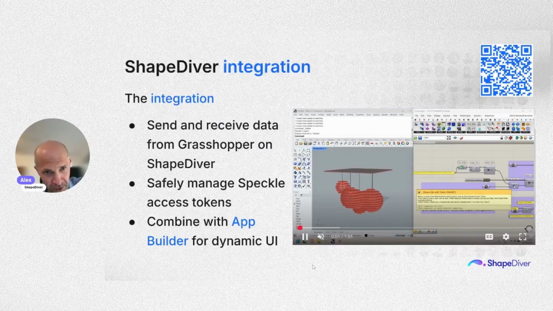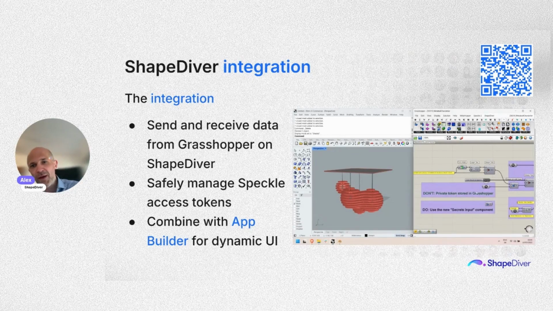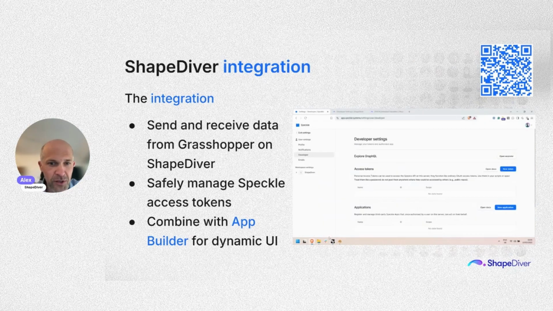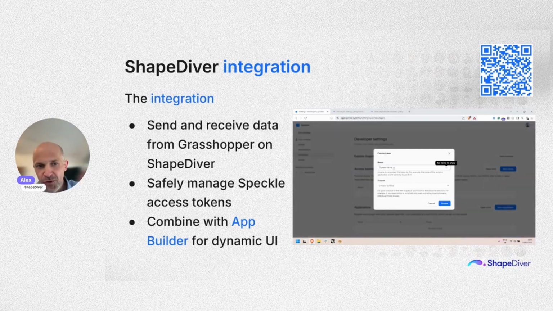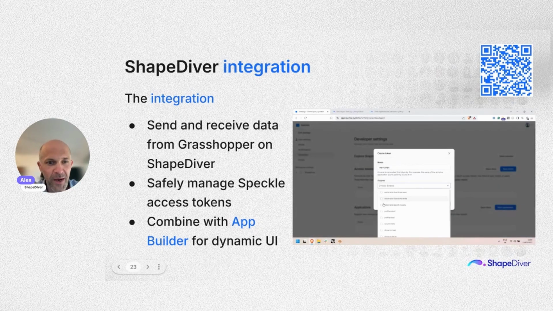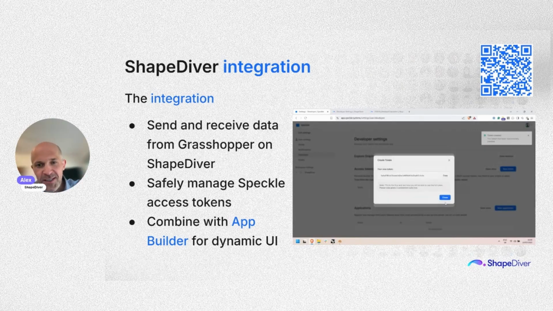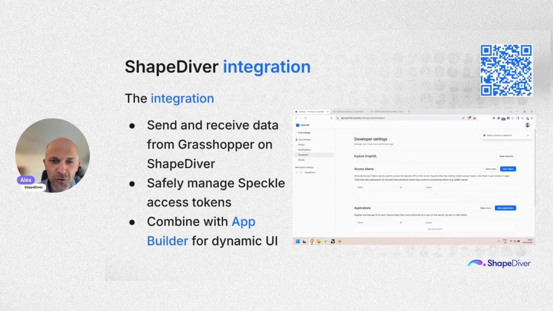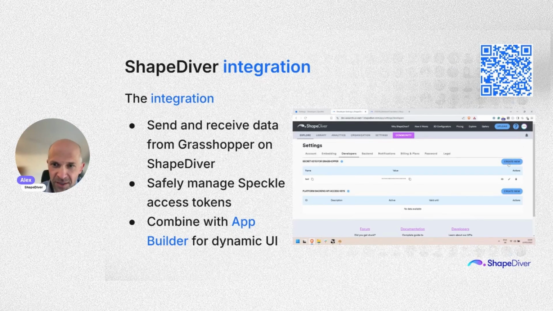How does that work? We deploy Speckle's Grasshopper connector to our backend systems, where you can use it to synchronously send and receive data to or from Speckle. The connection is still based on the legacy Grasshopper connector. As soon as the new one's out, we're going to get it deployed as soon as possible.